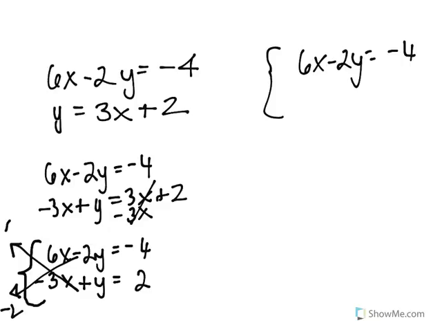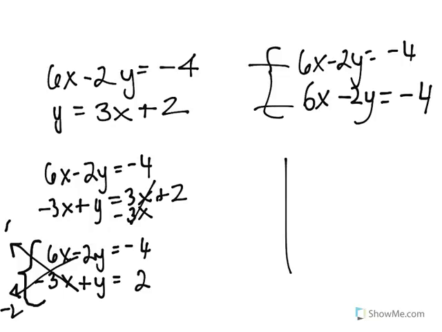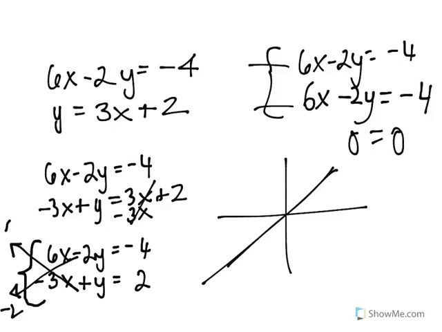And then over here we get +6x minus 2y equals -4. So what happens when these two linear equations equal one another? It means that when you graph both of these lines, they're going to be the exact same line. We will now have our answer at 0 equals 0. Once you simplify these, the solutions are all real numbers.